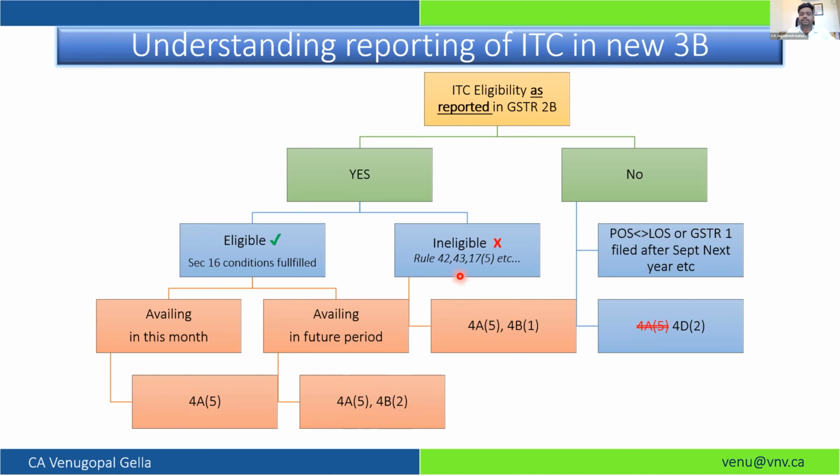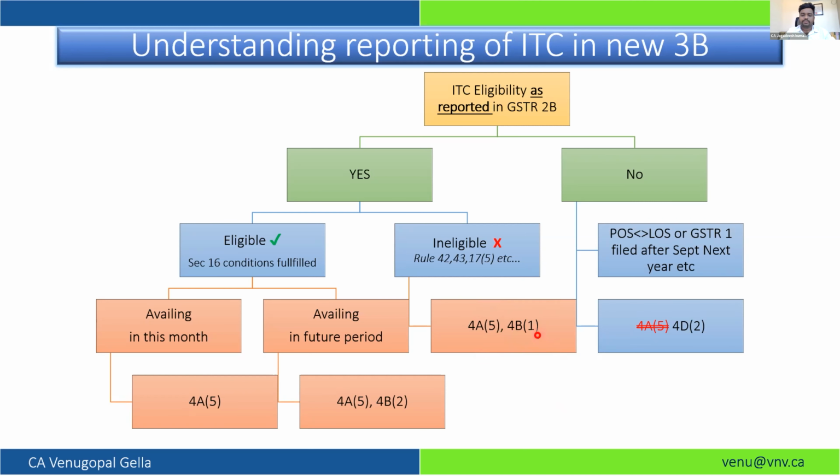If my ITC is ineligible under section 17(5) or rule 42, 43, again I will not disturb my 4A5 auto-populated figure, but that ineligible ITC is a permanent reversal. In the future period, I am not eligible to take the credit, so I will reverse it in 4B1.